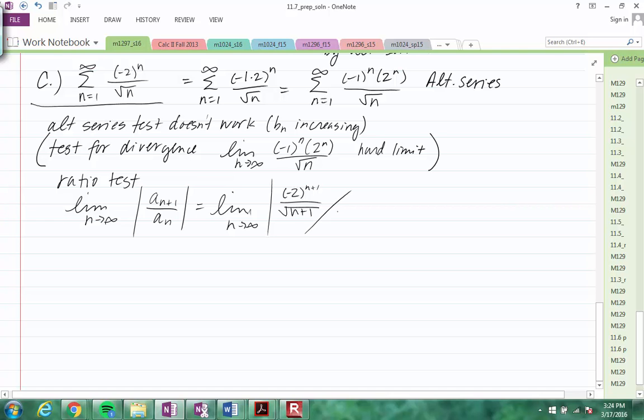And we have all that divided by our a sub n, which is negative 2 to the n over square root of n. And now the game is that we're supposed to be able to cancel some stuff, and pretty much always the first step here is to write it as multiplication by the reciprocal in order to have that happen.